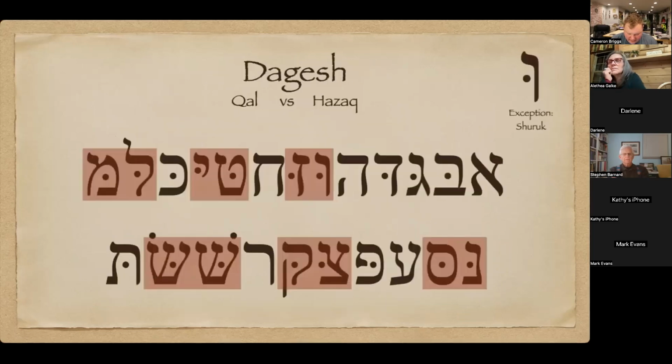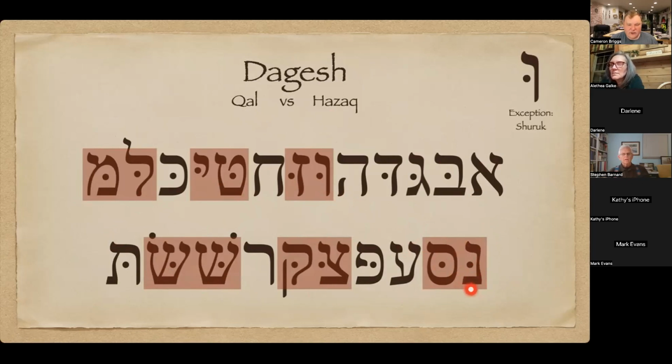But we have the Dagesh Chazak, which appears on other consonants besides those ones. And so highlighted here are all of the other consonants that you might be able to see a Dagesh with. These ones are a doubling. So for example, in our English word dinner, it has two N's in the middle of the word, right?